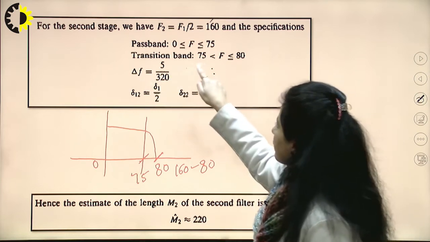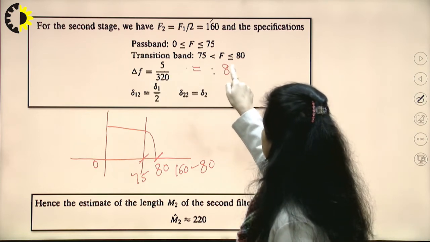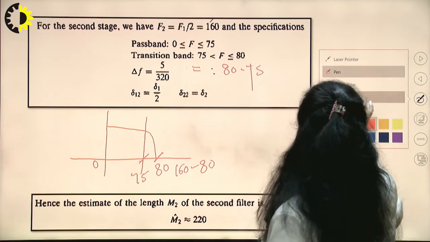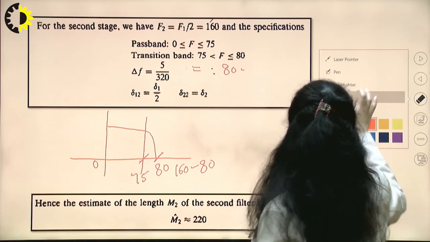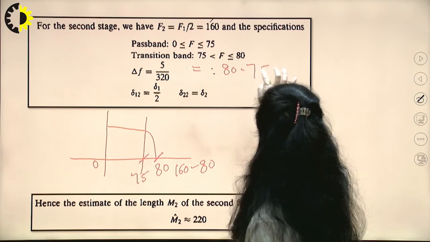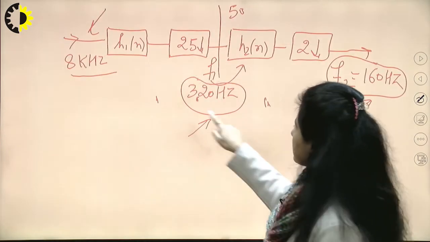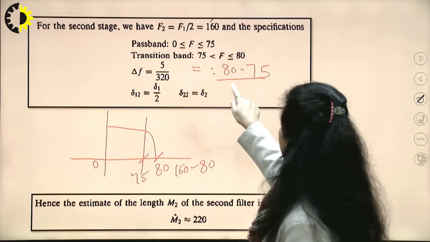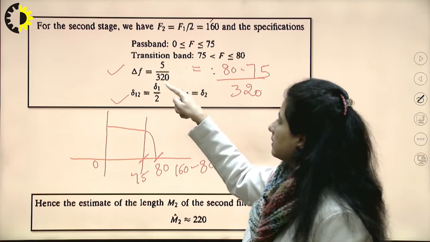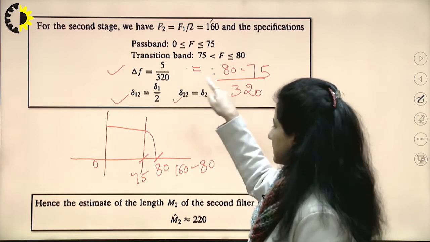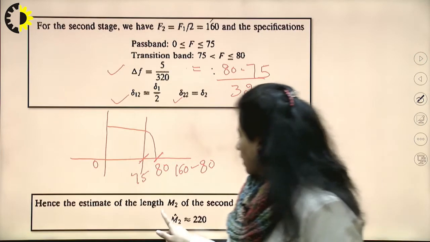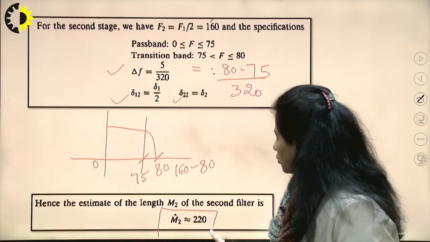So this delta F is calculated as 80 minus 75, and what is the input frequency for the second stage? This is 320. So this is my delta F, passband ripple divided by 2, stop band the same value. Substituting the values into this given formula, what do I obtain? For the second stage, M is 220.